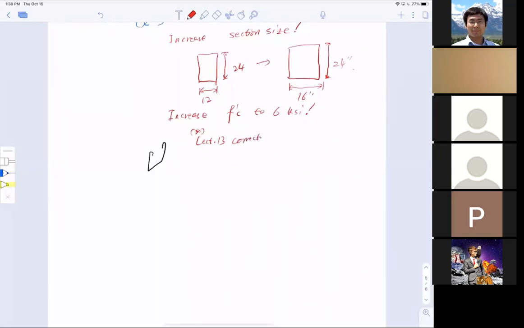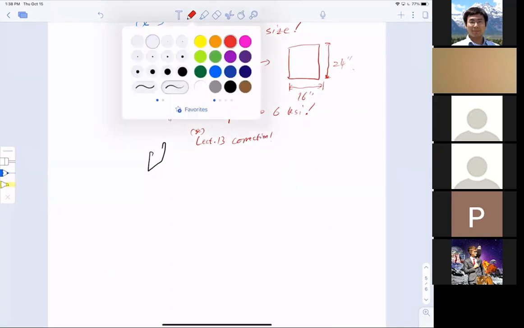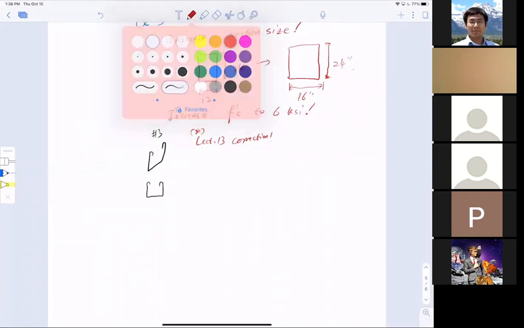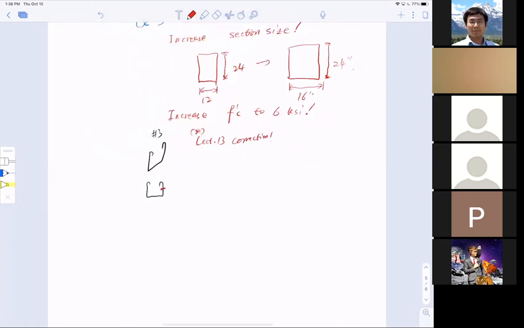But let me clarify before we go. Everybody's here. This is number 3 in the 3D setting. Can you see it? This is the hook, just a side view. If you look at it from the front view, it looks like this. All we need to do is cut one here, which is 0.11 inch squared, and cut one here, which is 0.11 inch squared.